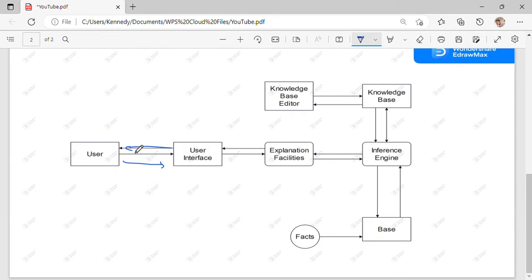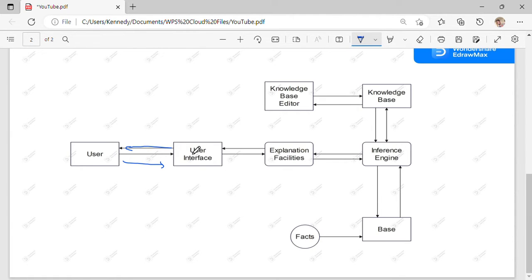Let's say, for example, our user is maybe just a patient in a clinic. Okay, remember, take note of this. The user might be an expert, a knowledge engineer, or a non-expert. So if they ask the question, you need to see it back.